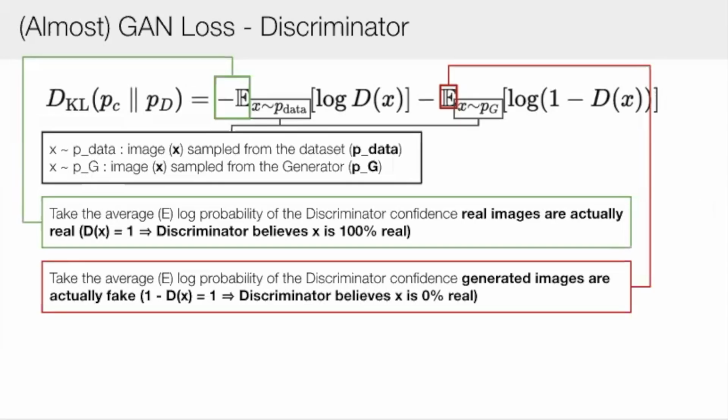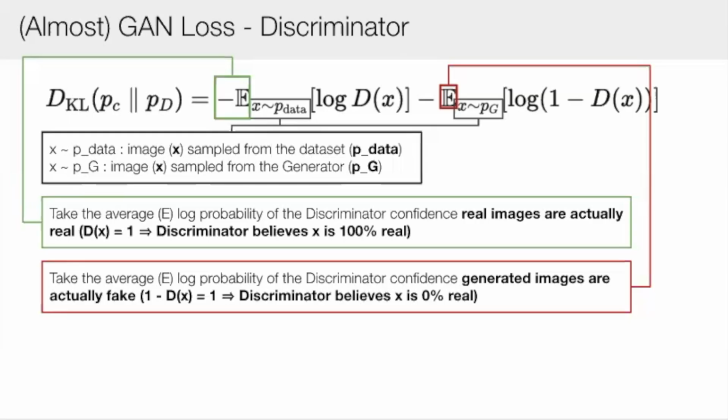So for each image sampled from P data, we take the log of the discriminator's confidence that it's a real image. We do this for every single image in the dataset, take the log, and average all those log confidences together. Then we take the negative of that. So that's the first term.